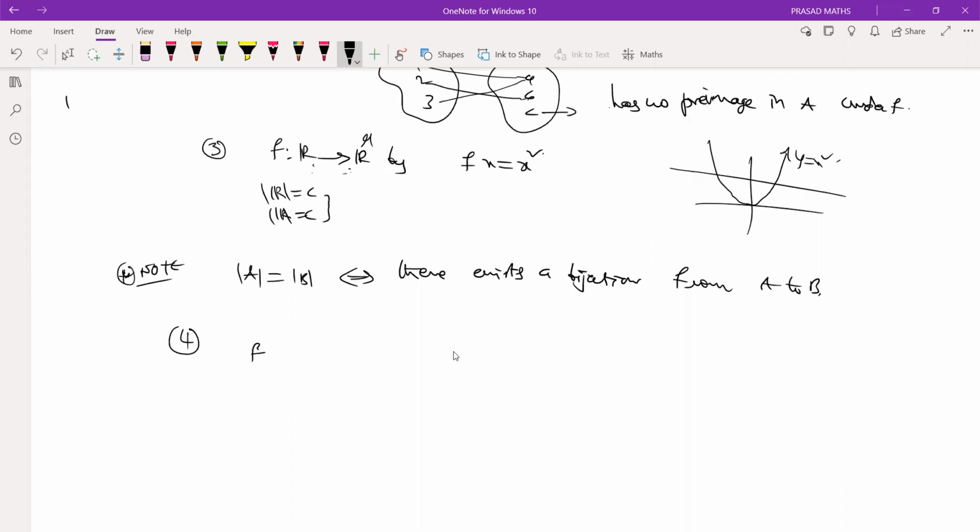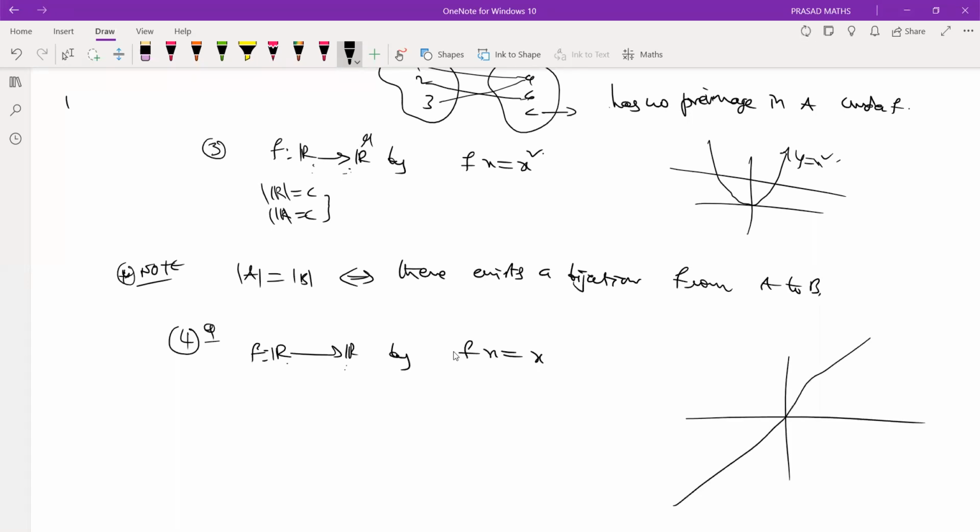For example, we have seen actually the last example. Suppose you take the identity function. So here the cardinality of A equals the cardinality of B. Of course, it is a bijection if it's defined by the identity map. So it's a line passing through the origin, right? Therefore, it is a one-to-one function. By drawing a line parallel to the x-axis, it meets exactly 1 point. Therefore, it is one-to-one.